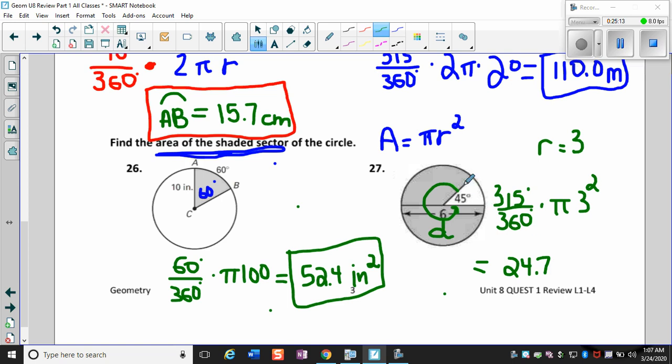And here, there were no units given to us for this radius, so let's just say it's units squared. Let me take off that little I, and then we're done with this page.